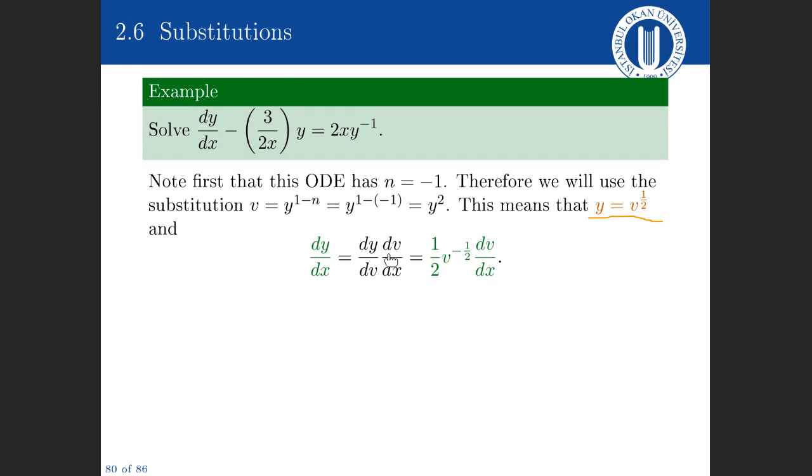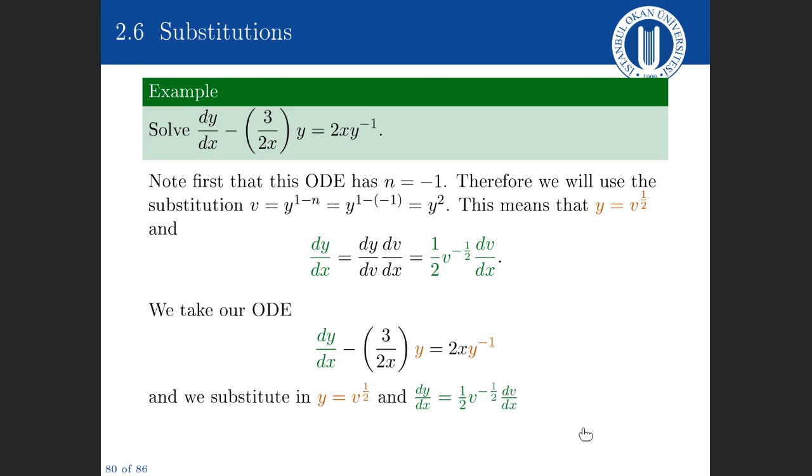We're going to use the orange equation and the green equation to simplify our differential equation. So we take our differential equation, dy/dx, which I've written in green, minus 3 over 2x y, which I've written in orange, is equal to 2x y to the power minus 1, also in orange.